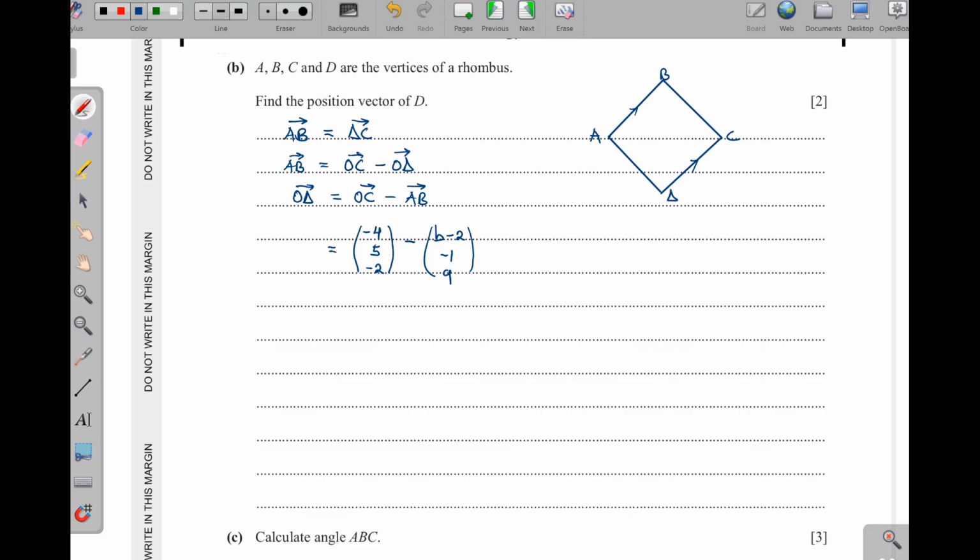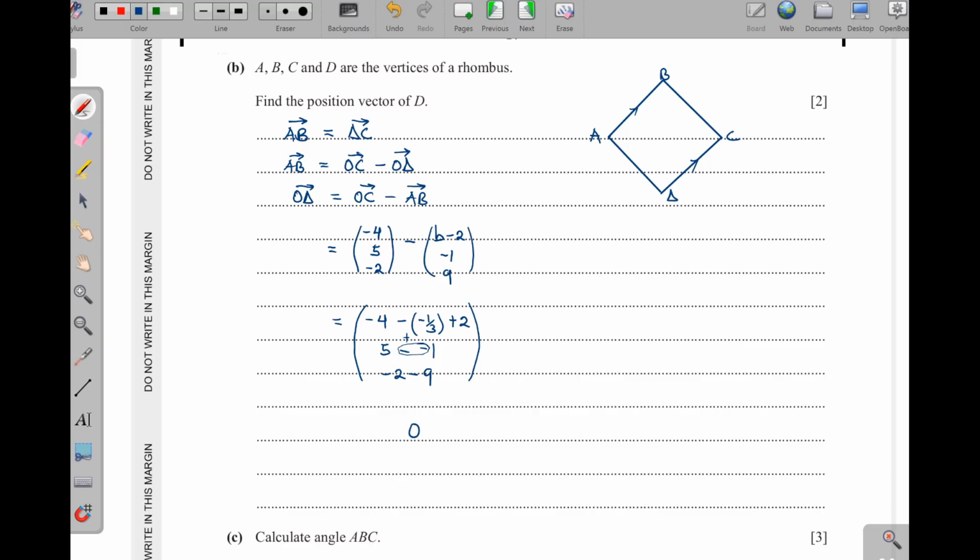So that means we are going to have -4, then minus B. So B is -1/3. We got it. Then plus the 2. Remember, this negative affects everything, okay? Then we have 5 minus -1. Of course, this one is going to become a plus. And then -2 minus 9.